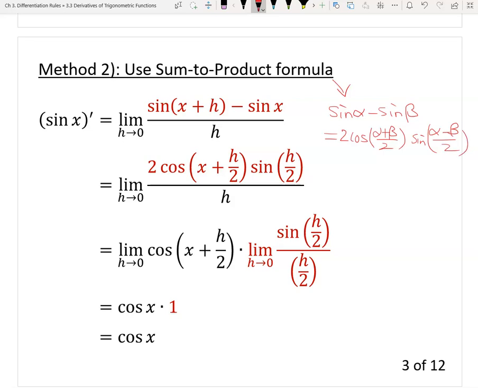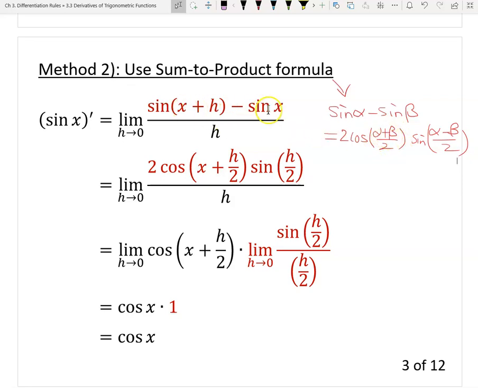It's a little bit small, but I hope you can see it. In our question, what is alpha? The first angle, which is x plus h. What is beta? It is x. So the first factor is cosine at what? At the average of the two angles.